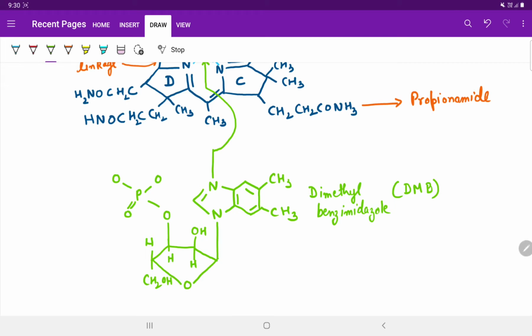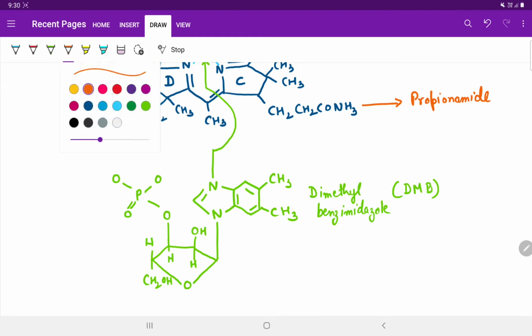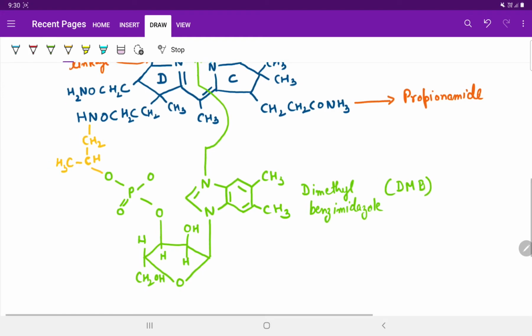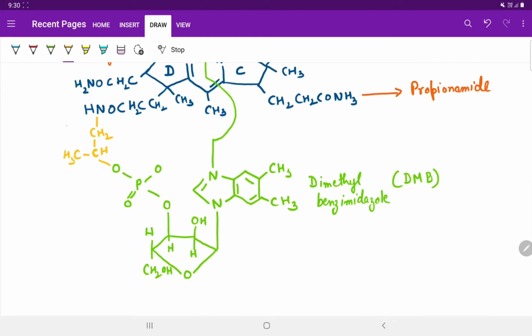So here you can see another structure is being added. So the structure is quite complex, so don't get confused in this. So students, this is attached with the propionamide. This is known as amino isopropanol.